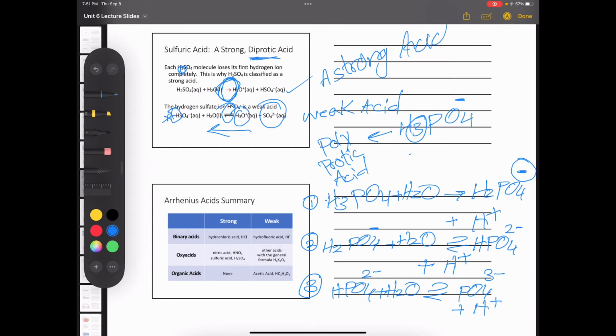So overall, through the 3 steps of dissociation, we have lost 3 protons in 3 different reactions. The first one was a strong acid. The next 2 are weak acid due to the reversible reaction. Okay, for the same reasons that we mentioned before.